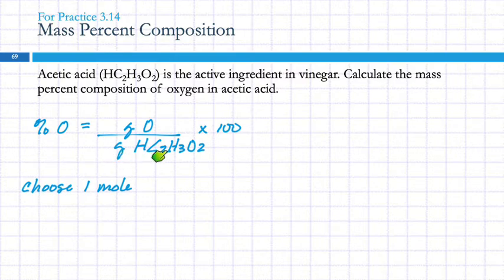What's the mass in grams of 1 mole of this? Well, we just went over that, right? So we look at this. How many hydrogens are in this guy? There's 4. If you want to put them in separately, that's fine. If you want to do 1 hydrogen and 3 hydrogens later, that'll work too. I'm just going to bunch them together. There's 4 hydrogens times the mass of hydrogen. And there's 2 carbons times the mass of carbon.